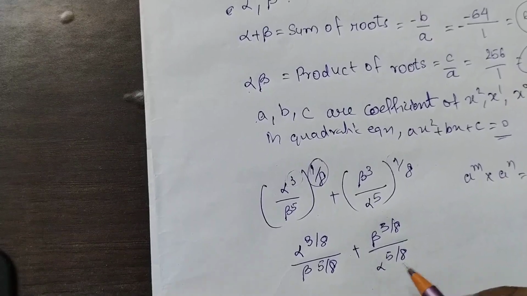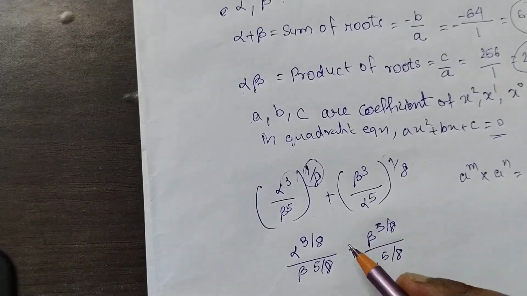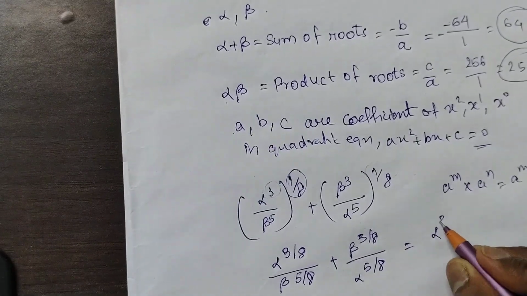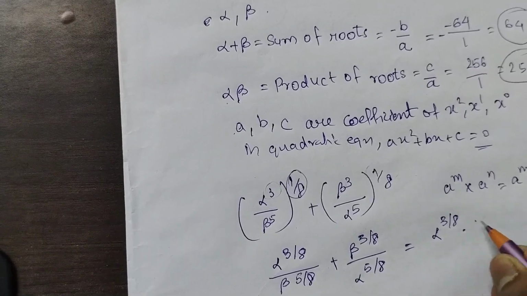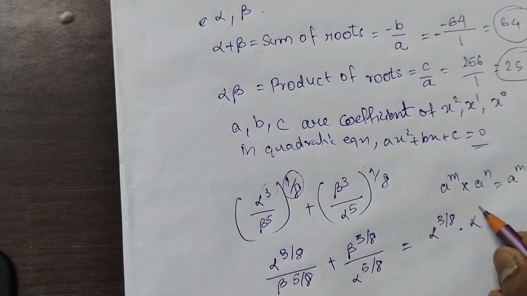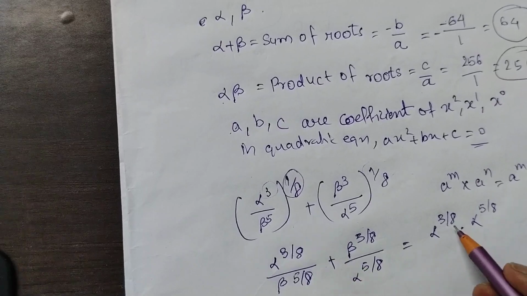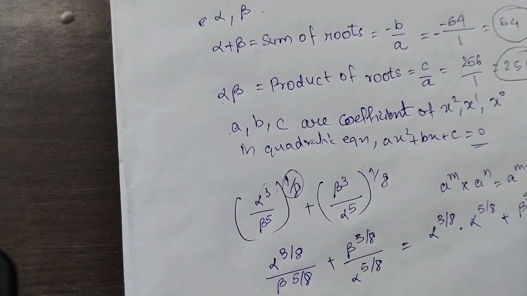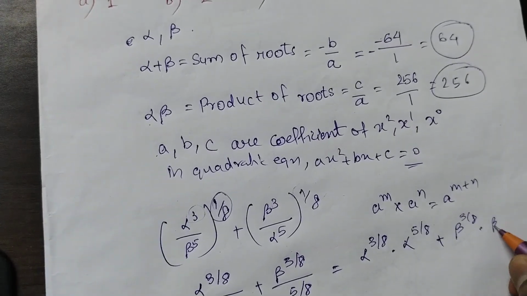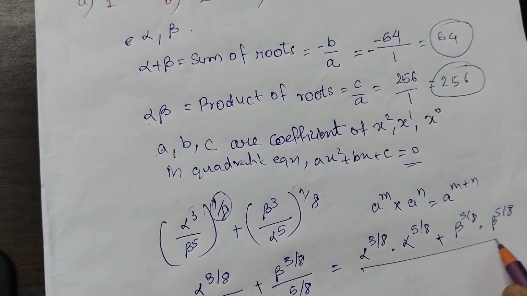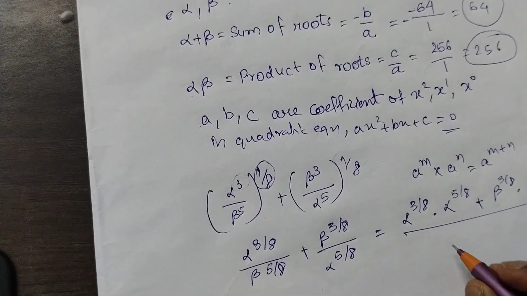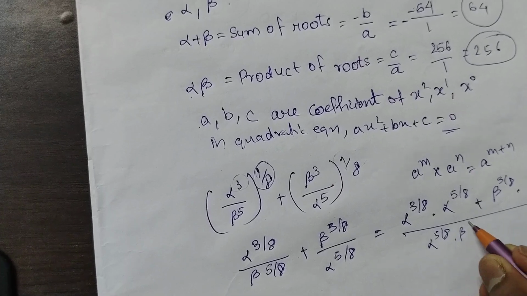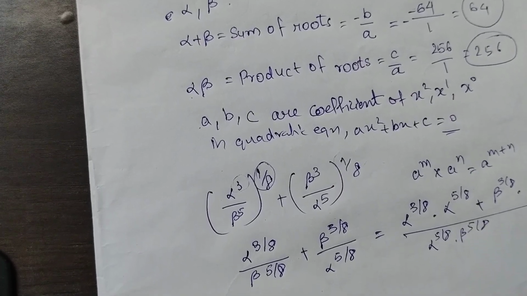Now if we cross multiply, the result has alpha to the power 5 by 8 times alpha to the power 3 by 8, plus beta to the power 3 by 8 times beta to the power 5 by 8, and these are multiplied with each other with the same powers.